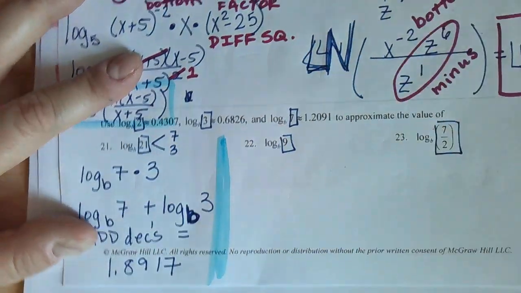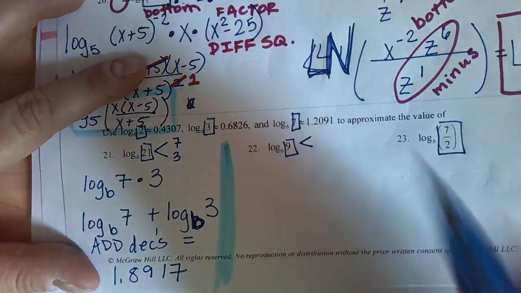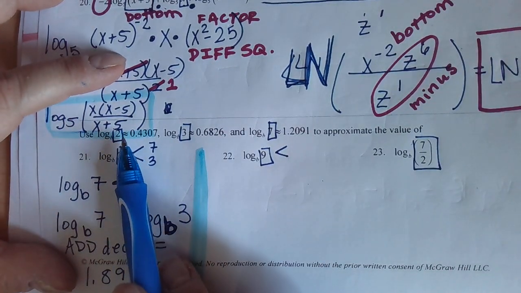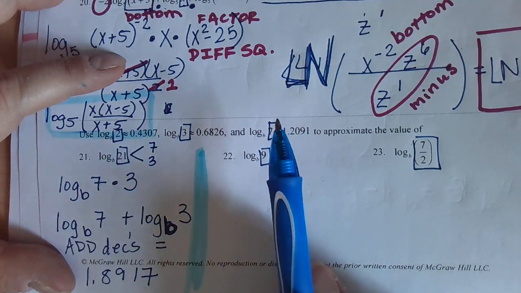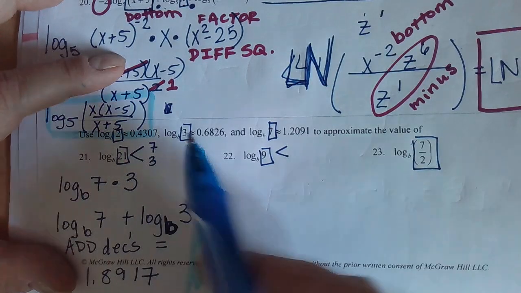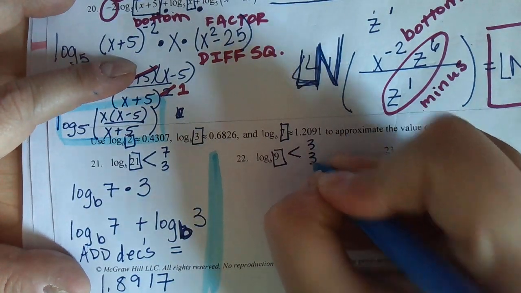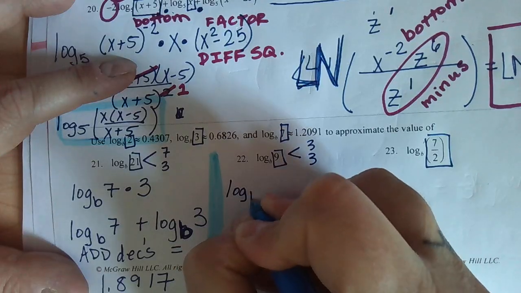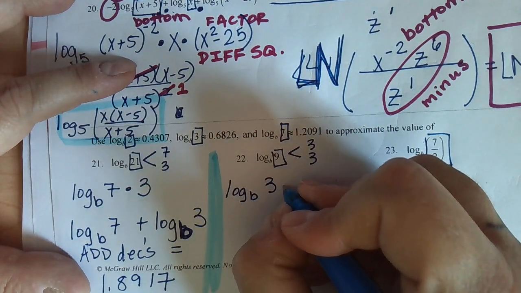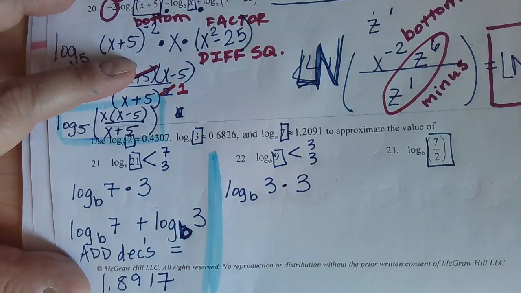Okay, let's look at this log B9. We need to try and switch this 9 into some combination of 2, 3, 7. Okay, well, I think 3 times 3 is 9, right? So this is log B3 times 3.